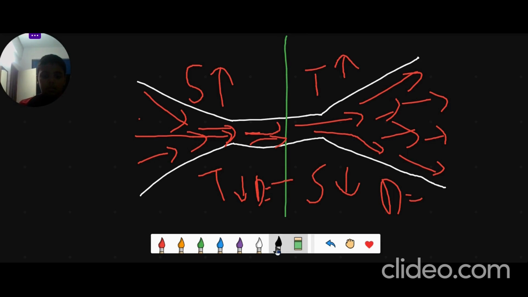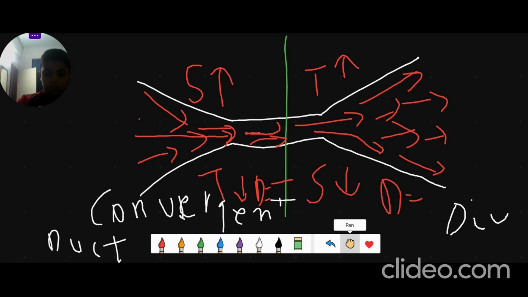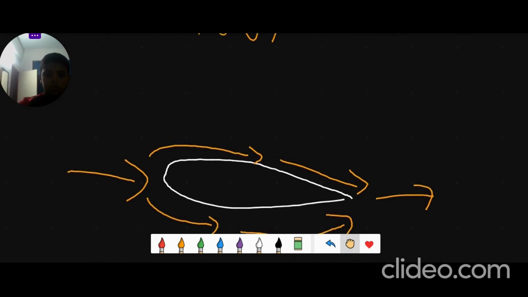So this is called a convergent duct. And this is a divergent duct. Now let's go back to this diagram.